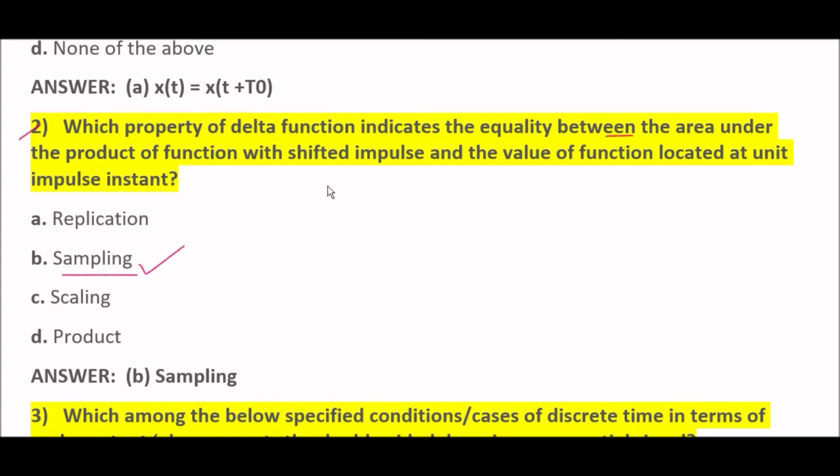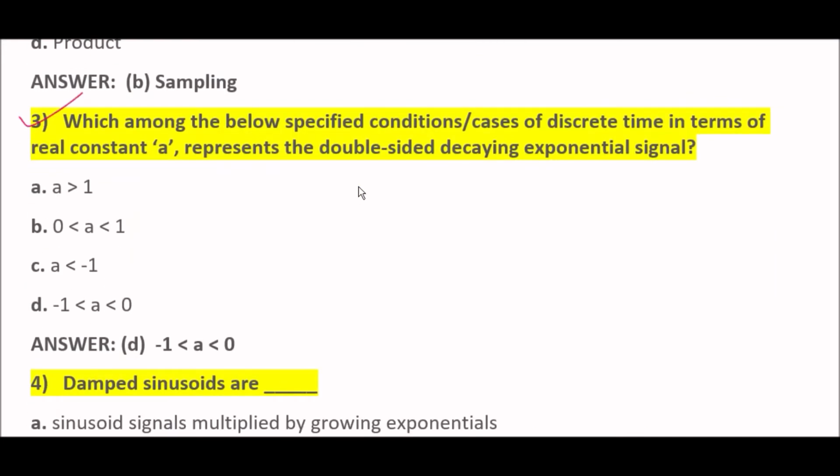Okay. Next question. Which among the below specified conditions, cases of discrete time in terms of real constant A represent the double-sided decaying exponential signal? Option A, A is greater than 1. Option B, 0 is less than A and A is less than 1. Option C, A is less than minus 1.